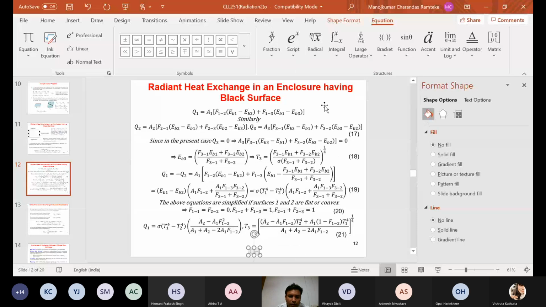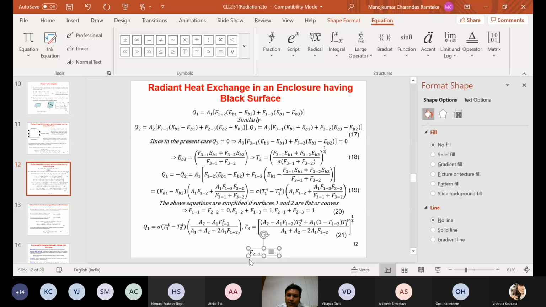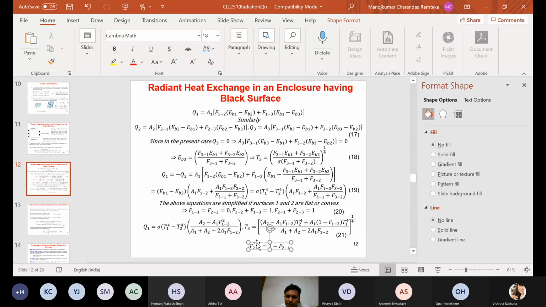So F21 is given as 1 minus F23, so F23 is given by this from equation 20, and this can further be rearranged.